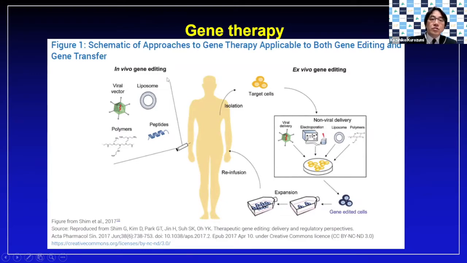For in vivo gene editing, we are using liposomes, viral vectors, polymers, and peptides. And this is ex vivo gene editing. We take targeted cells and put genes in with a viral vector or non-viral delivery, like electroporation, liposomes, or polymers. Then we expand the gene-edited cells and re-infuse them.